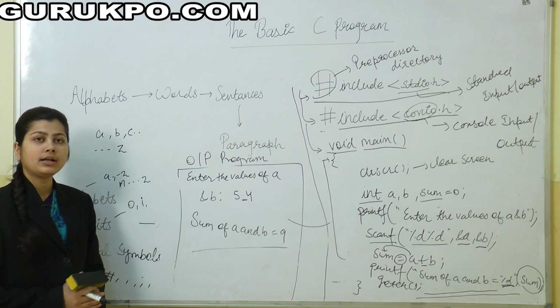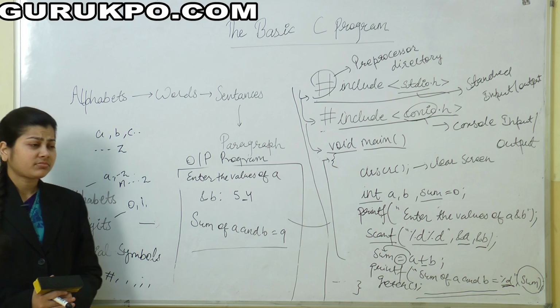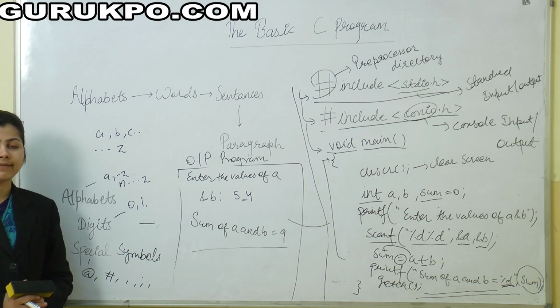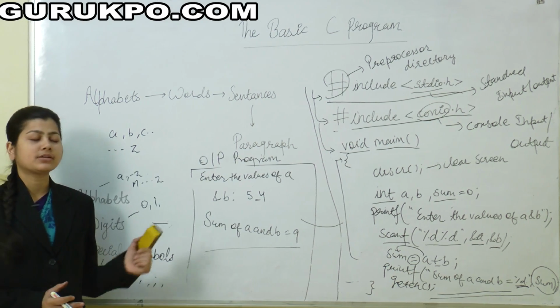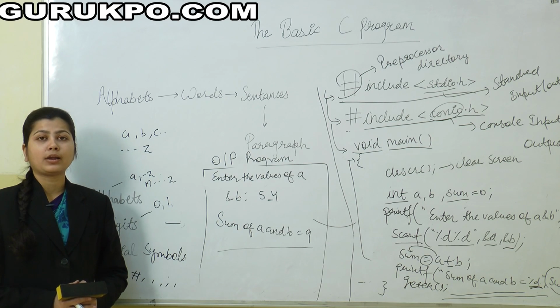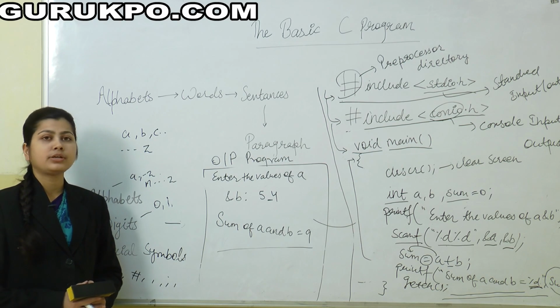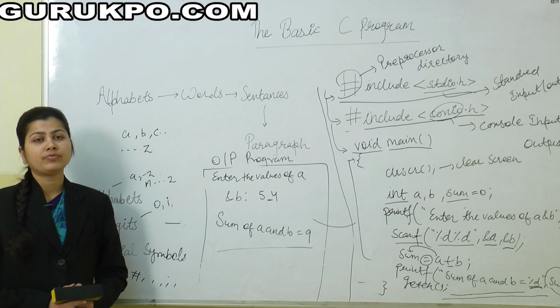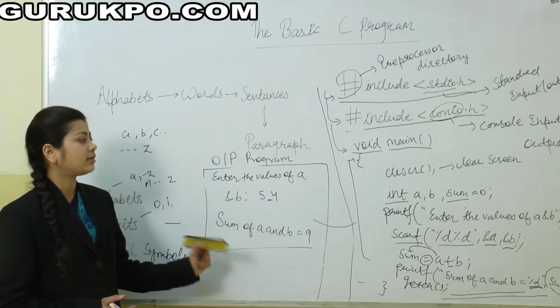This is the first basic high level language among the programming languages. As compared to C, Algol is a very typical language, but the C language is very user friendly and very easy to use and understand.